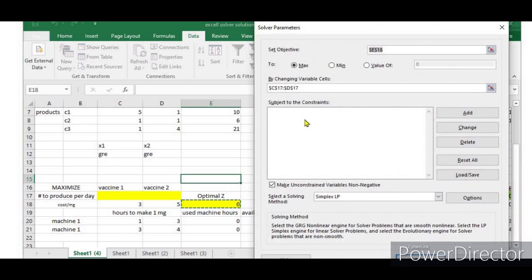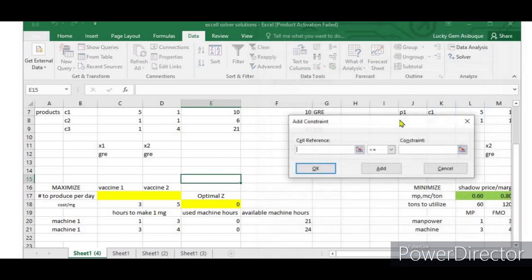So we will put the Subject to Constraints here. So we will click Add. Clicking Cell Reference, in the cell reference we will first select the cell under used machine hours, which is this.